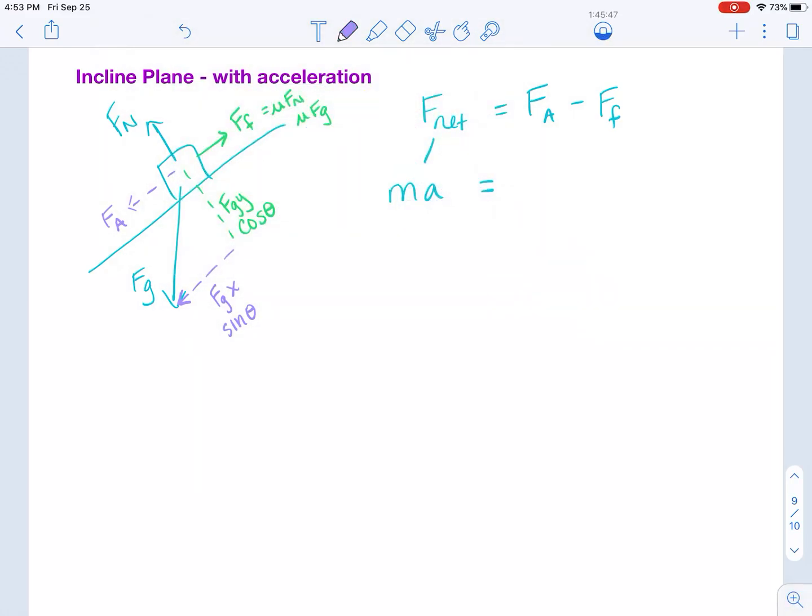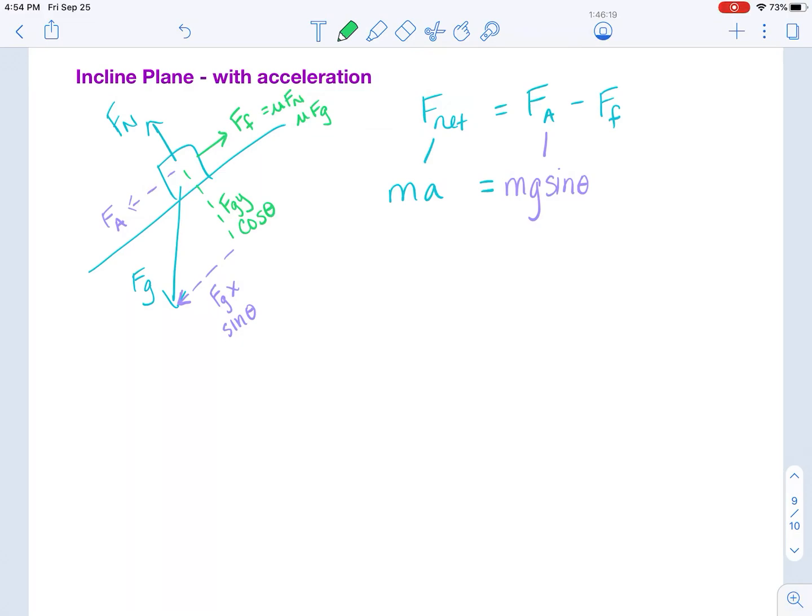The force that's serving as my applied force, that's responsible for actually pulling my object down the ramp, is the parallel component to the ramp, which we have been calling the horizontal component, just so we can stick with the horizontal vertical labels that we've been using this semester. So it's the weight of the object, which can be calculated mass times gravity if the weight is not provided. And this is times the sine of theta.